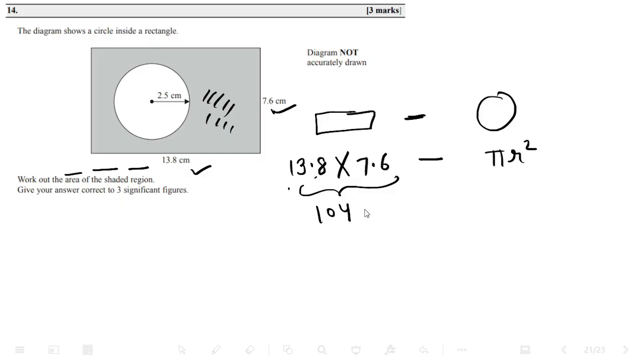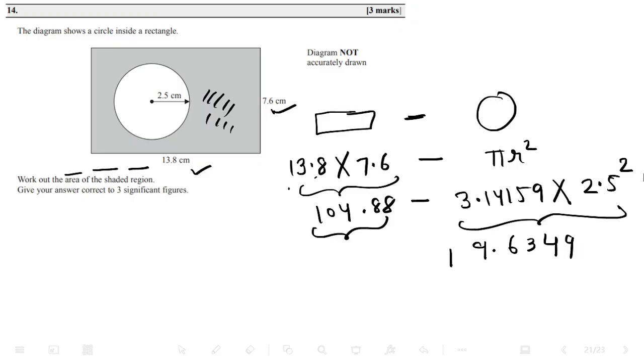Then the value of pi we already told you, 3.14159, and the value of r is 2.5 raised to the power square. If we do this calculation, it comes around 19.6349.